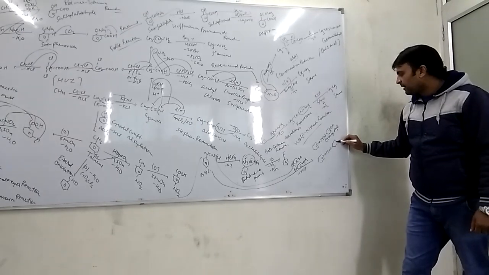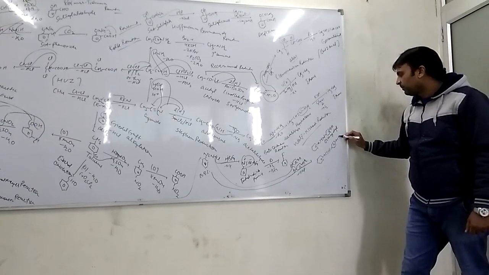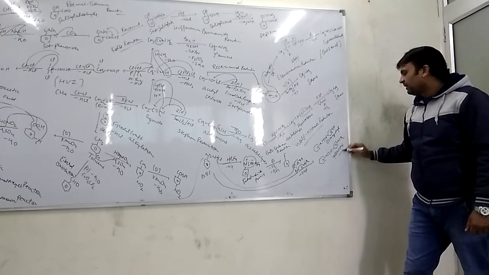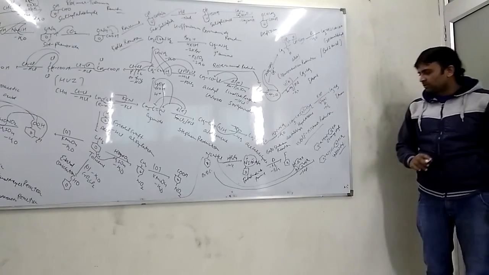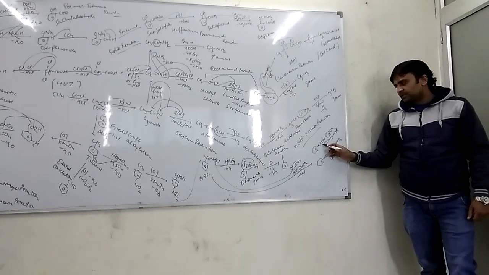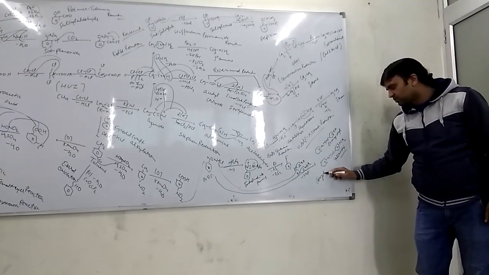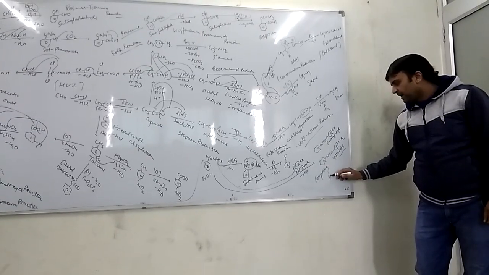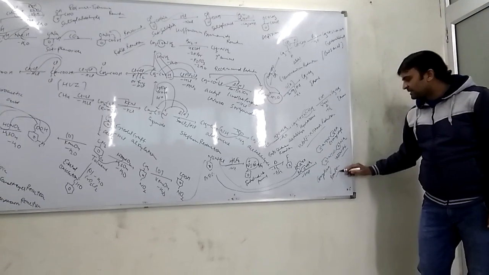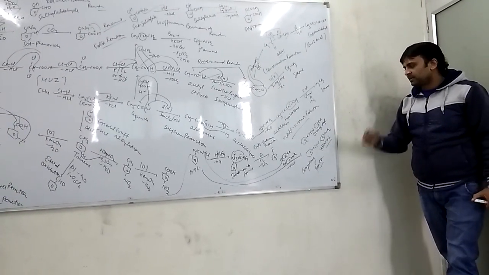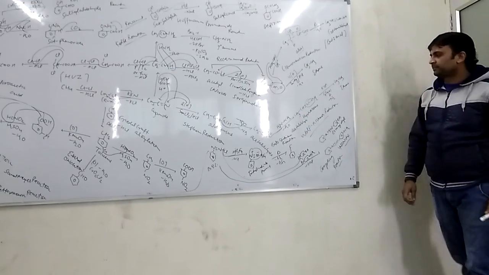This compound is called yellow dye. This is yellow dye and this is orange dye. You can take anyone. This is the formation of orange dye by the coupling reaction, and this reaction is also known as the coupling reaction. In this reaction we get orange dye, and in this reaction we get yellow dye.